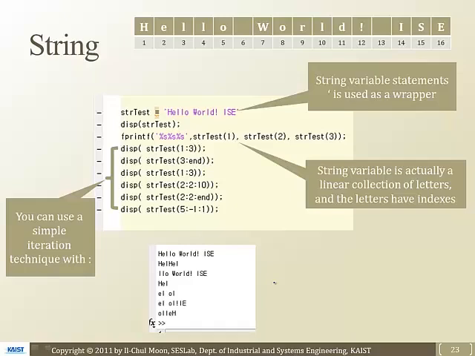First we start with how to define string variables, right? The single quotation is used as a wrapper. And this display string task displays this string, and it's going to look like this.